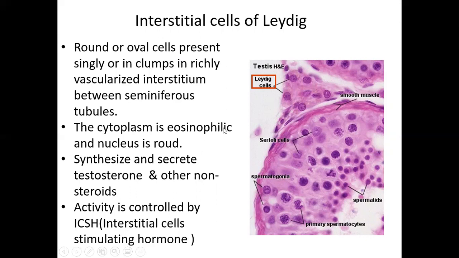The cytoplasm is eosinophilic, pinkish in color, and the nucleus is round in shape. The function of this Leydig cell is to synthesize and secrete testosterone and other non-steroid hormones. And the activity of this interstitial cell of the Leydig is controlled by the ICSH, interstitial cell stimulating hormone.